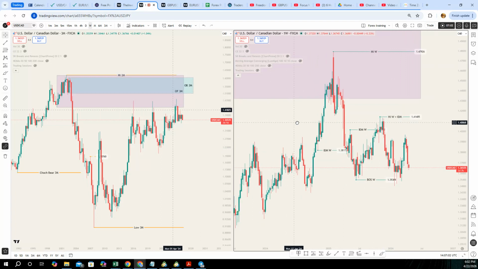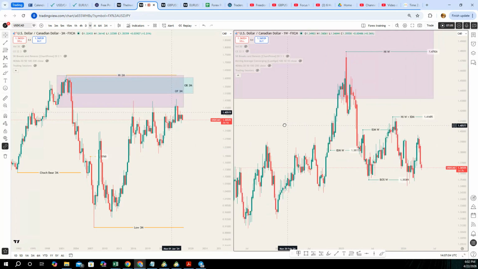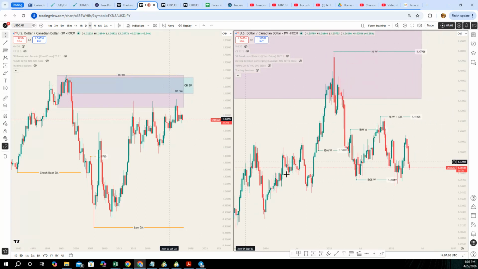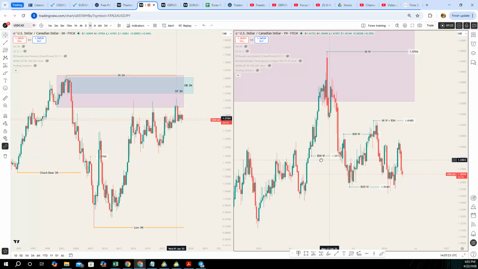So now going to the weekly, since there is a reaction on a higher time frame, then we consider this. Let's move this to the right. Since this inducement, we will consider it, since there is a reaction from an upper time frame, then this is considered as a change of character as well.